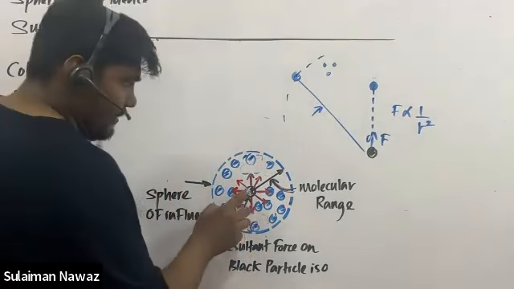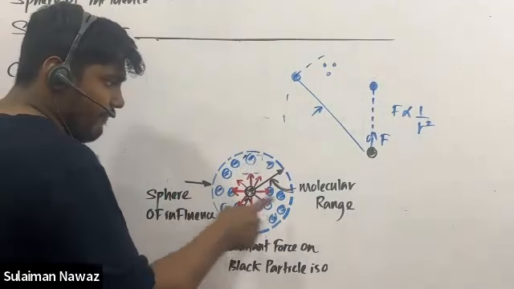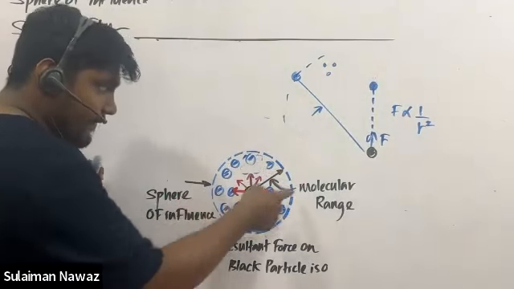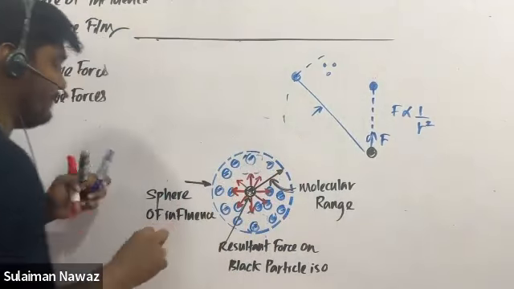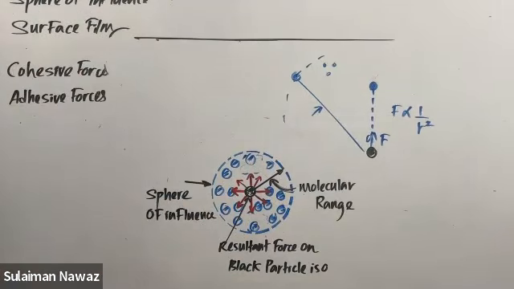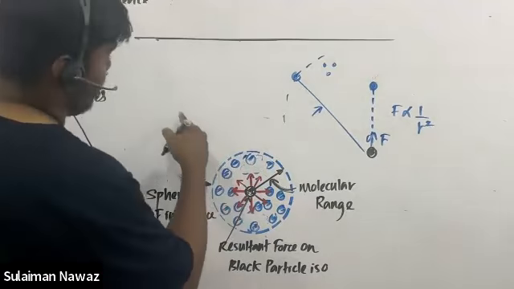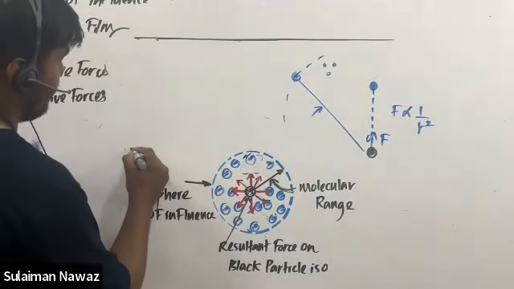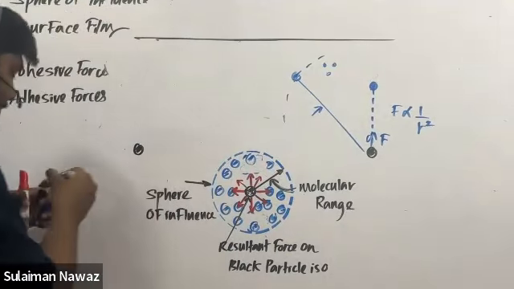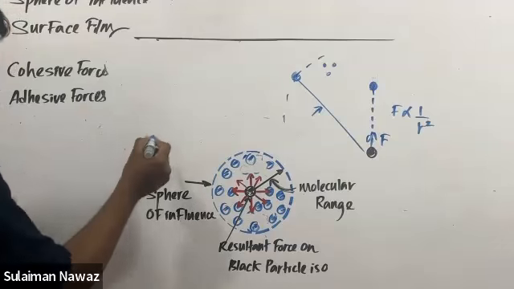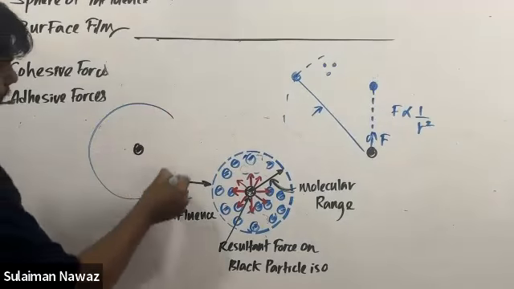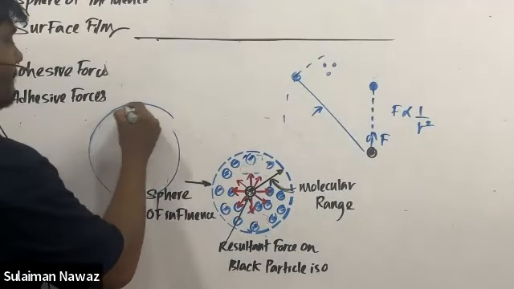This is the sphere of influence for this black color particle. If I consider a particle somewhere here, then its sphere of influence will be this way. Am I correct?